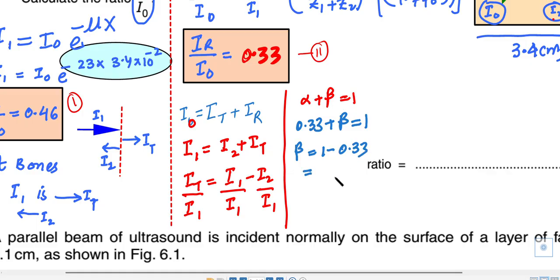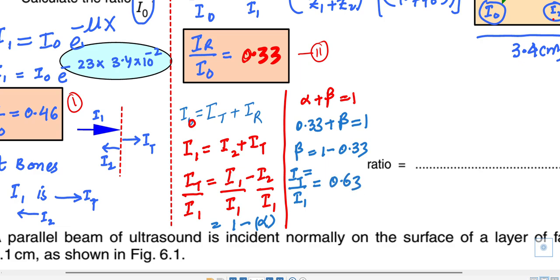So what did you get? This is 1 minus alpha basically, and this is beta. Beta is IT divided by I1. So it is 1 minus 0.33, which means 0.63, I think.